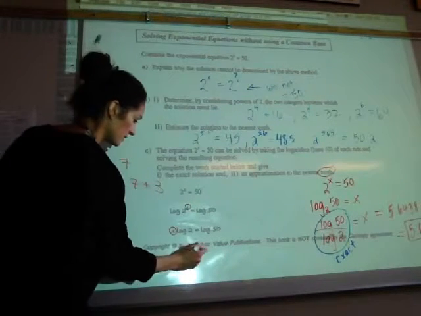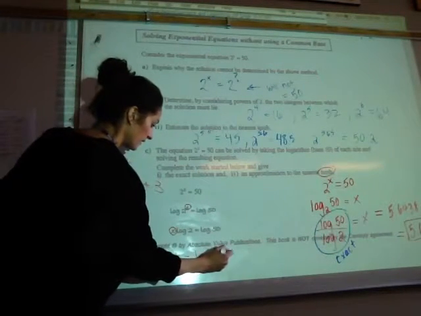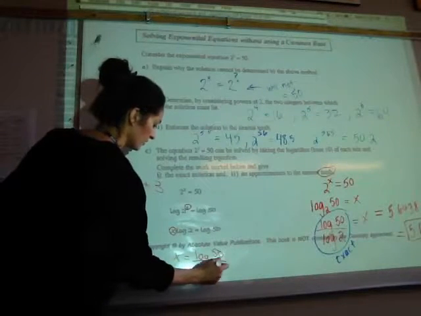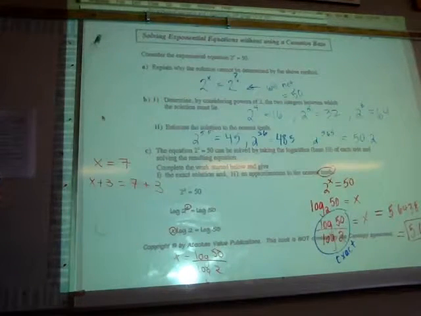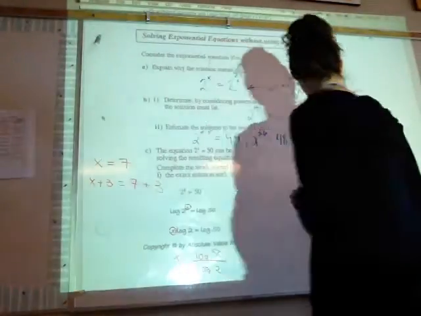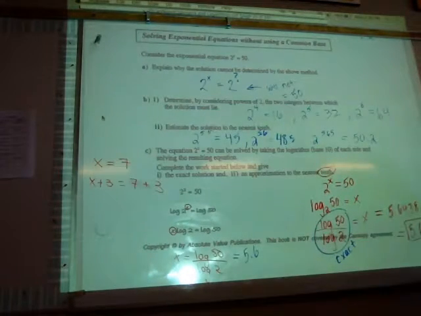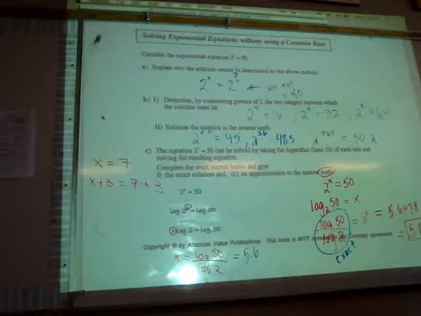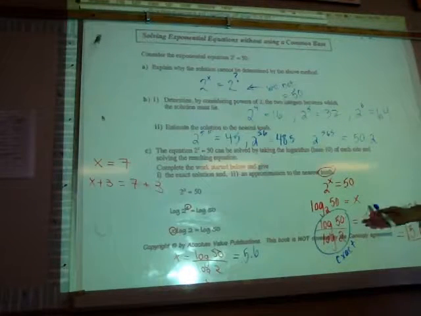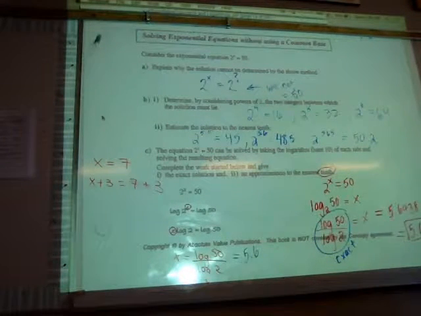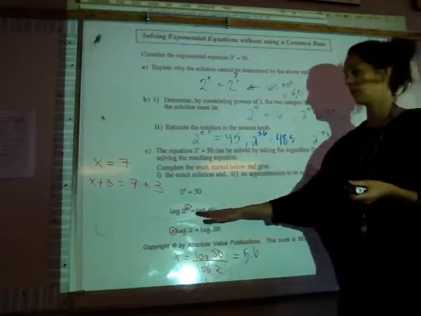So x equals log 50 divided by log 2. So that would be the exact answer. And if you calculate it, log 50 divided by log 2, you get 5.6, which we solved for already. So very similar ways, they end up with the same outcome, just a little bit different because we're applying a log on both sides.